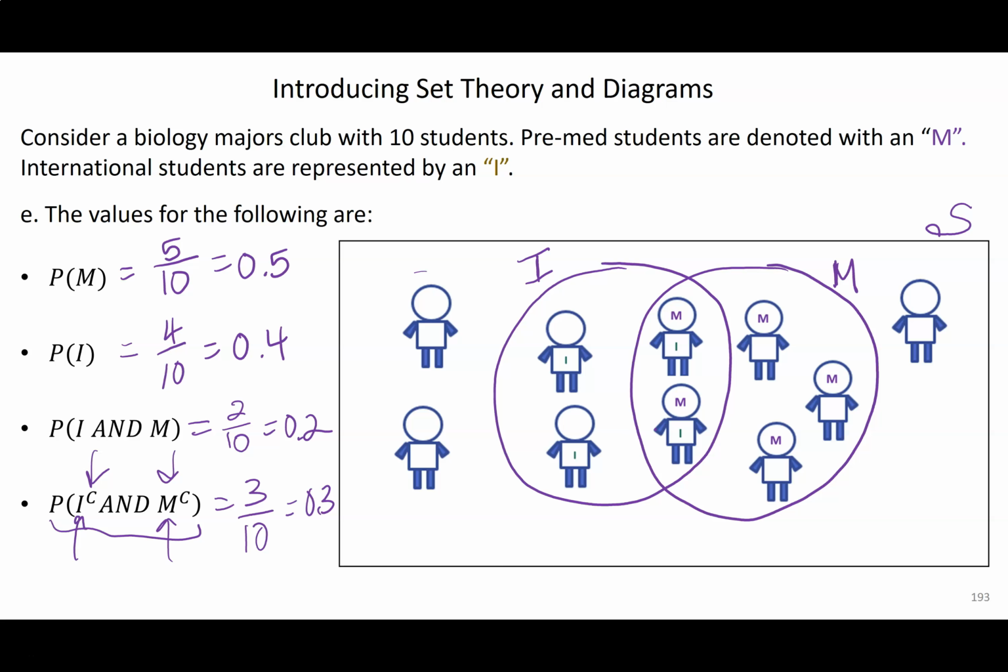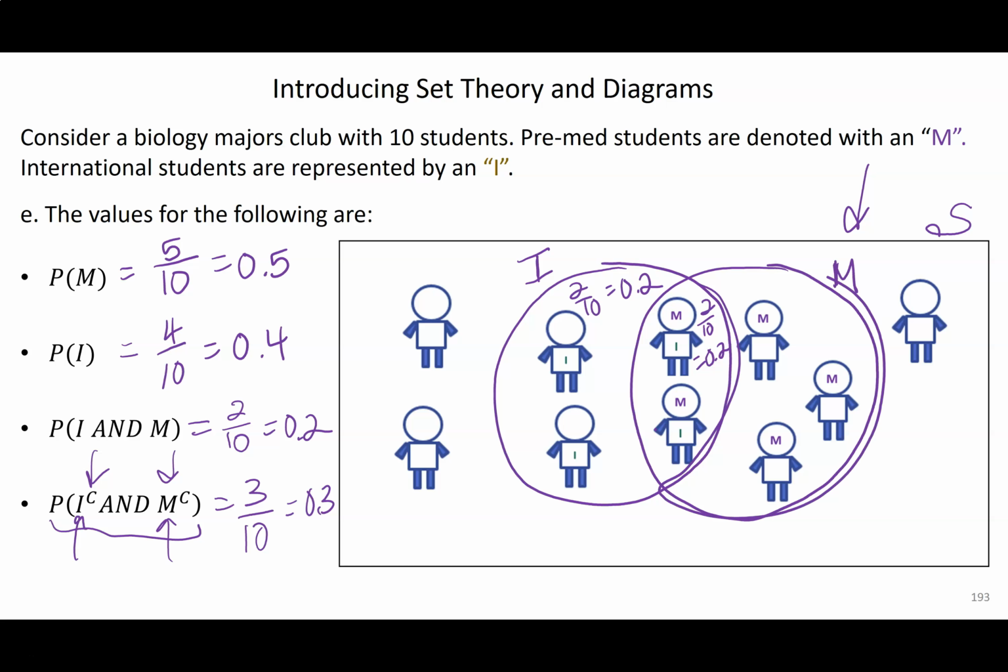As far as labeling in here, if I have 2/10 in this wedge right here, that's equal to 0.2. Same here, if I look in this half moon shape, I have 2 out of 10, which is 0.2.